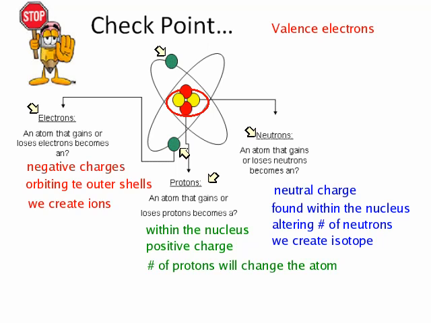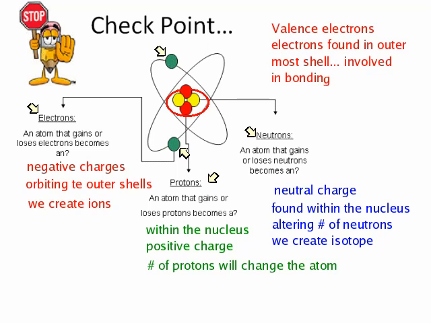Again, valence electrons are the electrons found in the outermost shell. And they're going to be the electrons that are going to be involved in bonding.